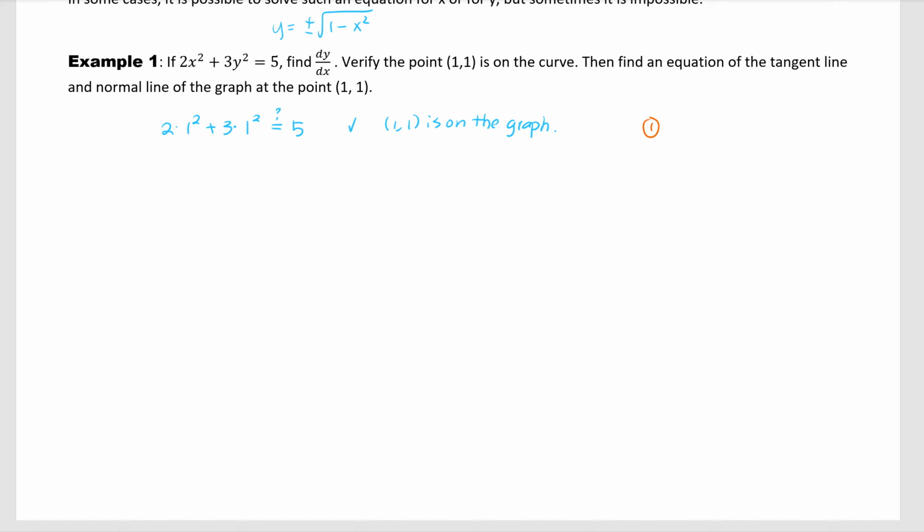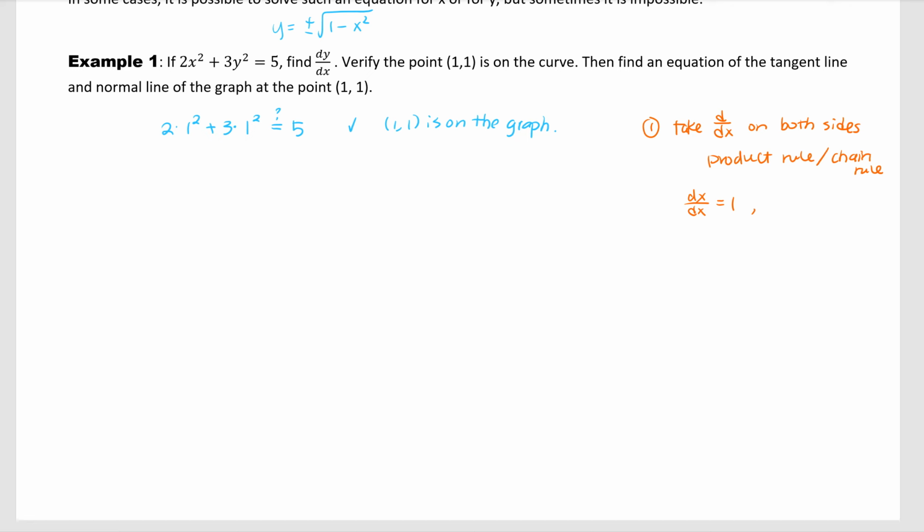The first step, we want to take d/dx on both sides. Sometimes you might need to use the product rule or chain rule, or both. When you differentiate, remember, when you take the derivative of x with respect to x, it is just 1.